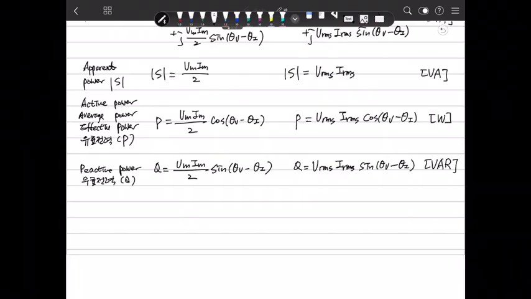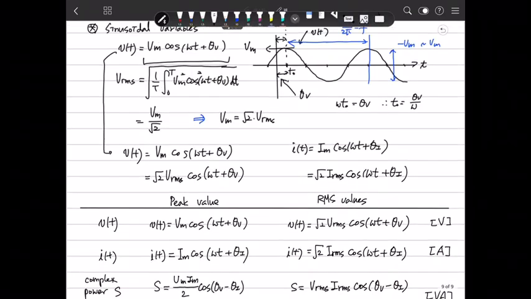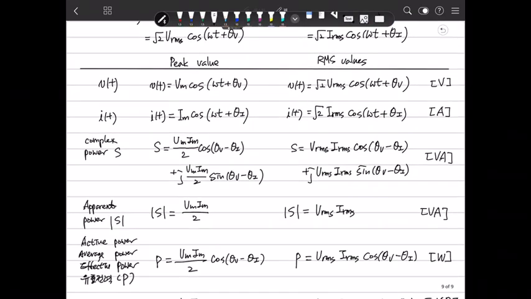So as you see here, what is better for representing voltage and current? When you represent the voltage and current, the peak value is more simple, because it is just Vm cosine, Im cosine.